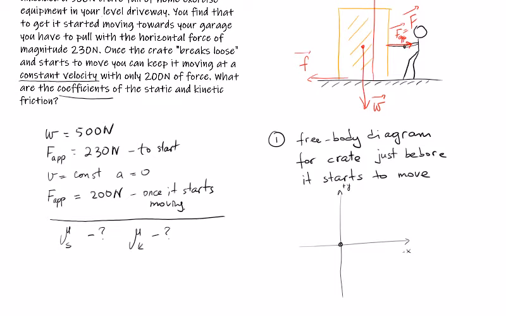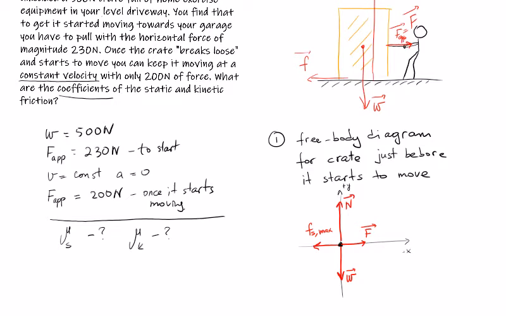And the crate represented as a particle. And then let's put the forces. We have the weight of the crate downwards, and the normal force upwards. We have applied force, F applied, and because it's just before it starts moving, we have Fs, static friction, but the maximum value, because it's at just that moment that it breaks loose and starts moving.